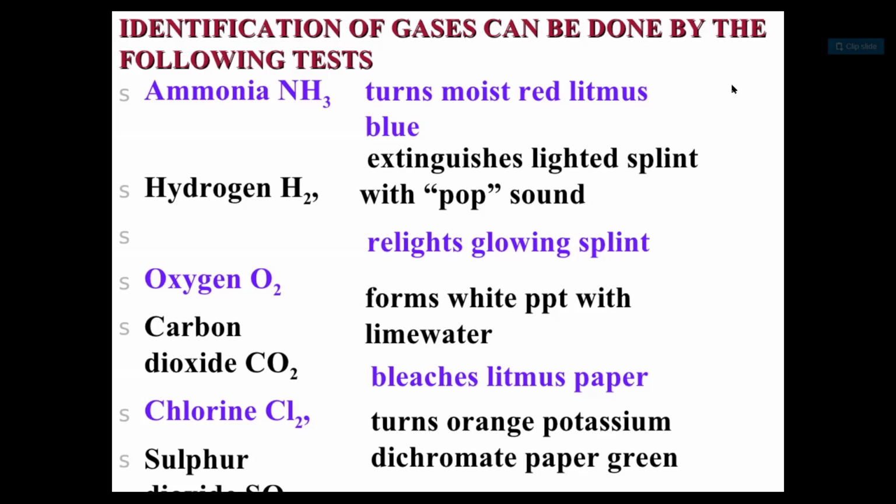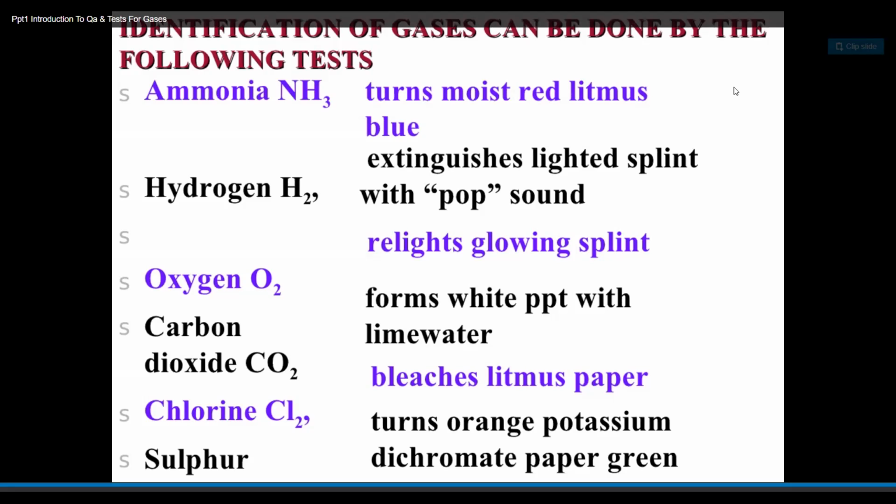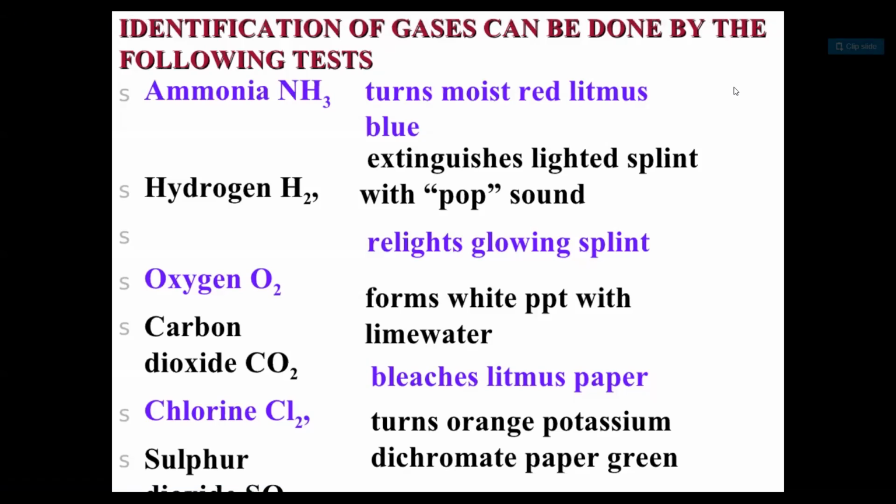As we discussed earlier, bases and alkalis turn red litmus paper blue. Ammonium hydroxide has hydroxide ions, and the presence of hydroxide ions causes alkalinity or basicity in aqueous solutions.